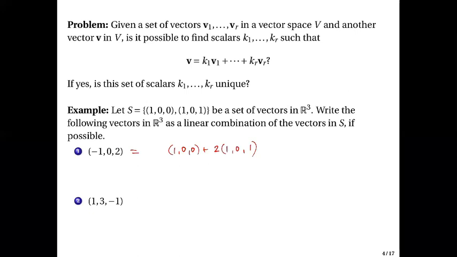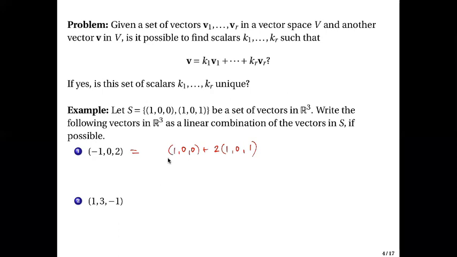And then, the first component is negative 1. Since this is scalar already, we have 2 times 1, that's 2. We need a negative 3 to get this negative 1. And this component here is 1.